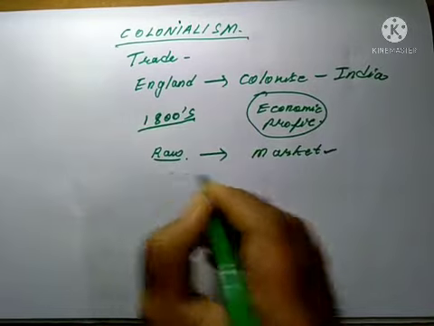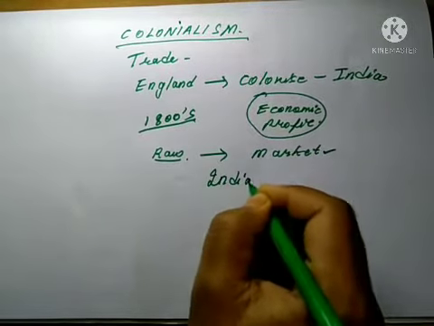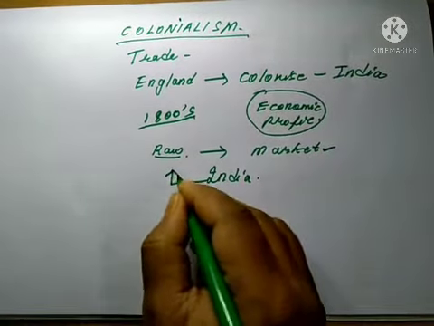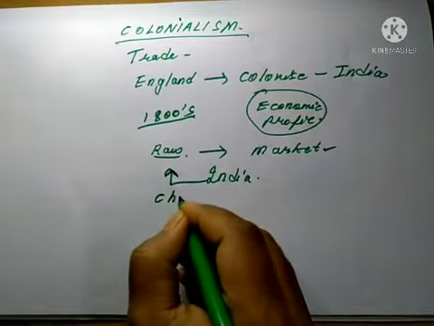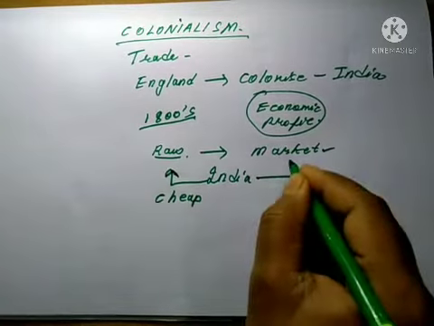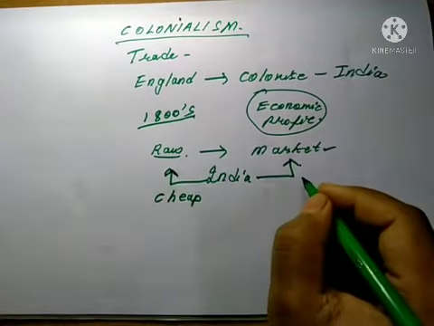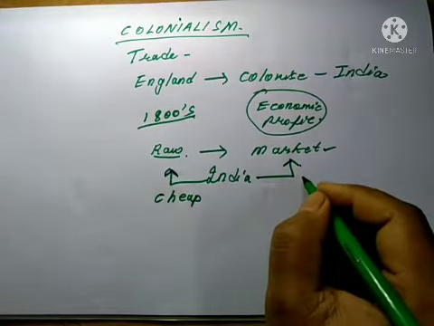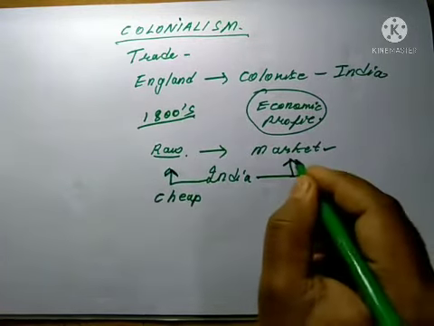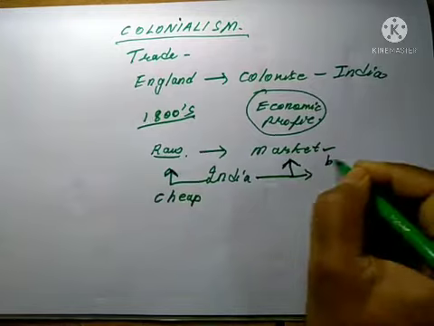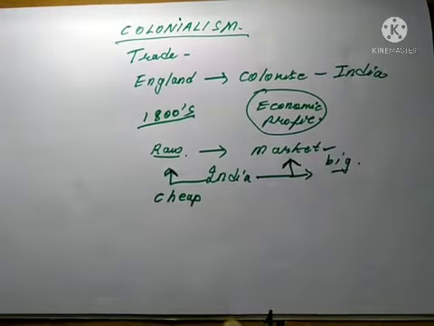So India became the main hub for the raw materials. India could provide raw materials at a cheap price, and India provided a big market to sell the products of the British.